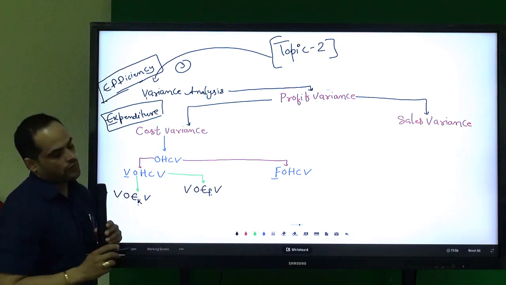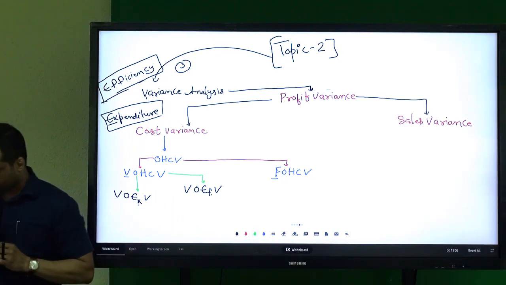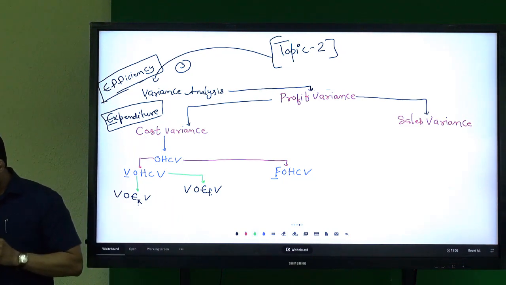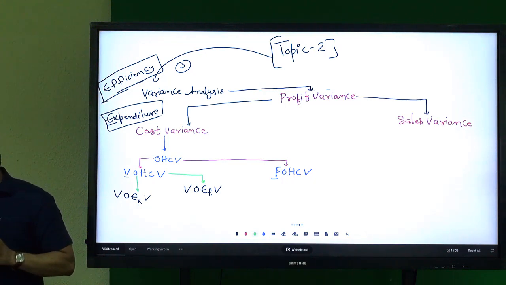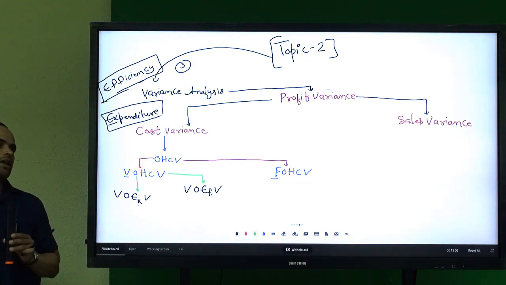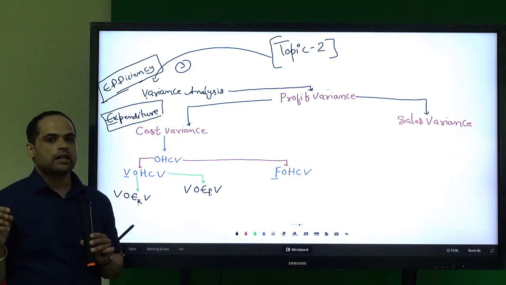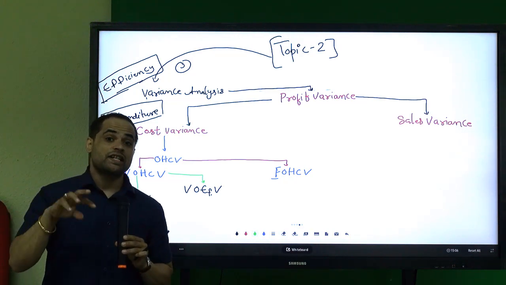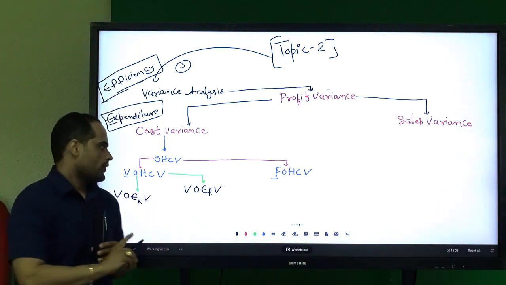Let's start with the variable overhead expenditure variance. Variable overhead expenditure variance is basically expressed in terms of machine hour or labor hour. We can also call it the base.